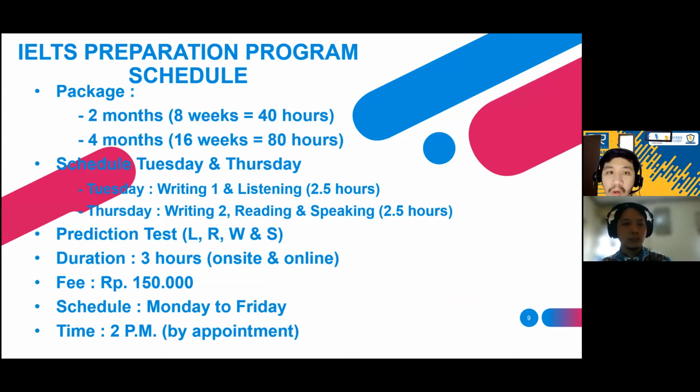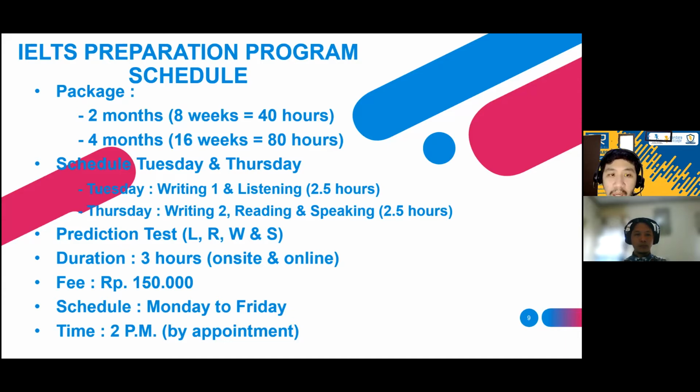The schedule will be on Tuesday and Thursday, starting early March, on the 1st of March, twice a week. On Tuesday we will have writing task 1 and listening, for 2.5 hours. On Thursday it will be writing task 2, reading and speaking, also 2.5 hours.